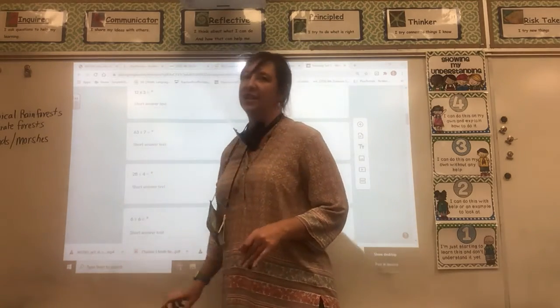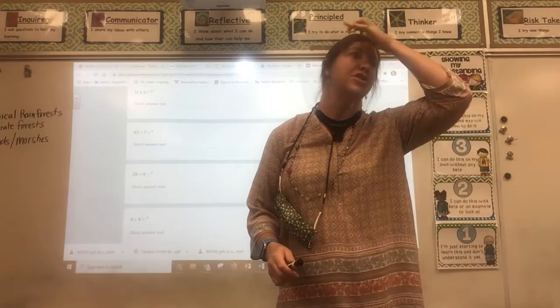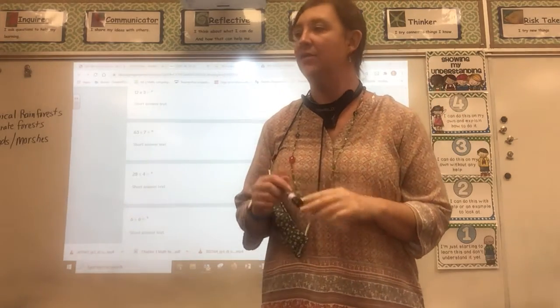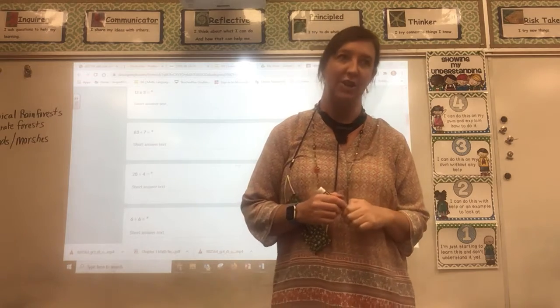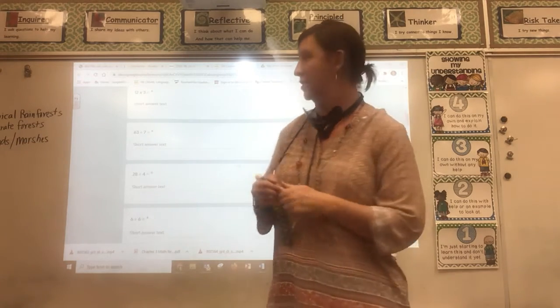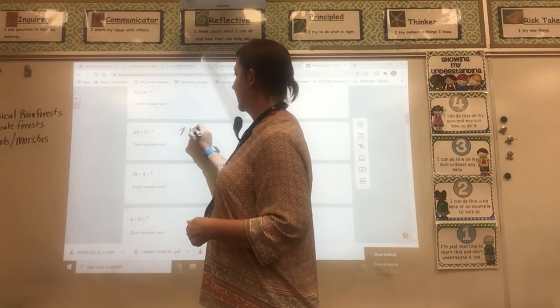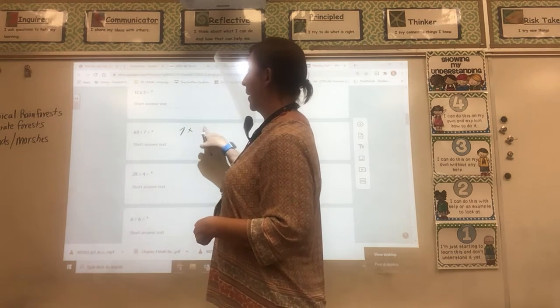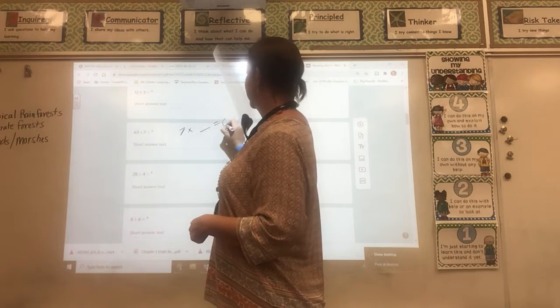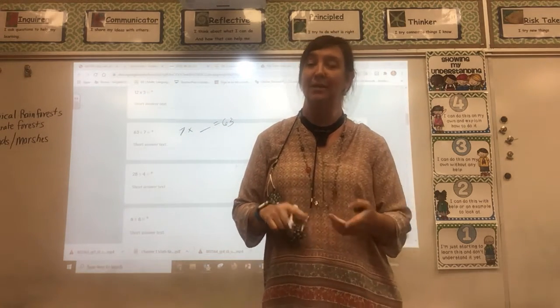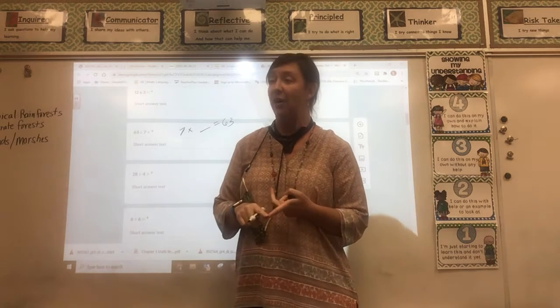So if you get to the division problems and you're not sure how to solve them, you're going to think of them like the inverse operation, which is multiplication. That means the opposite. So you're going to take this number and you're going to say 7 times what number equals 63. Again, go back to your multiplication tables until you can figure it out.